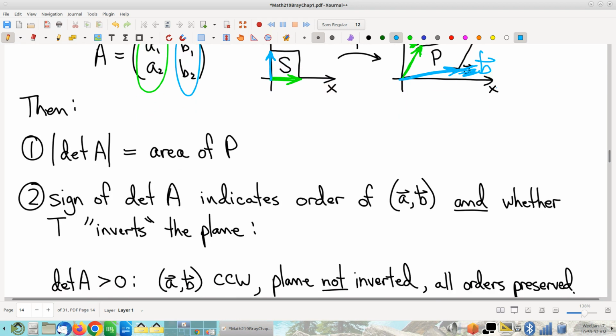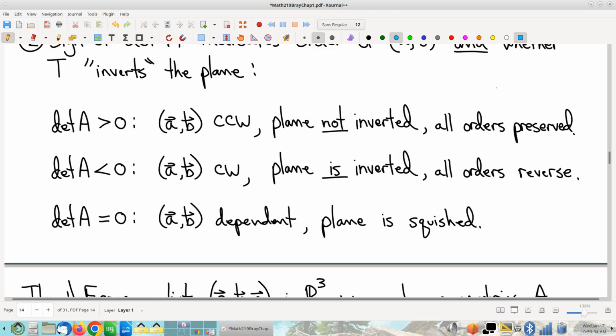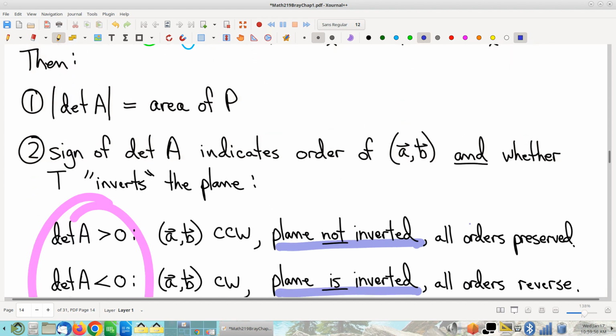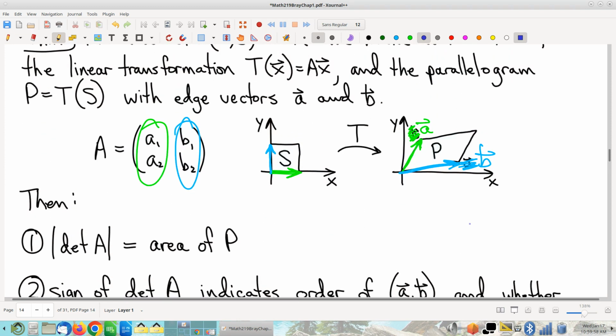So again, in general, determinant does this for you. Positive, negative, 0 corresponds to whether there is not or is, or I'm going to say neither, and if there is, if counterclockwise turns into dependent, then in some sense there's kind of a smushing of the plane happening.